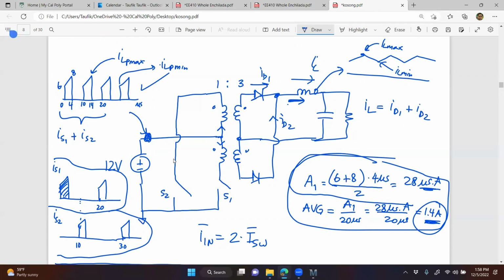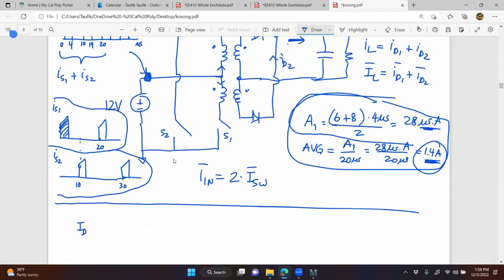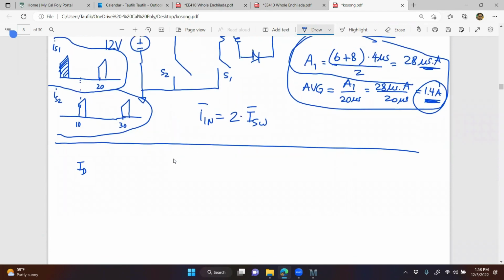Therefore, IL average is equal to I diode 1 average plus I diode 2 average.